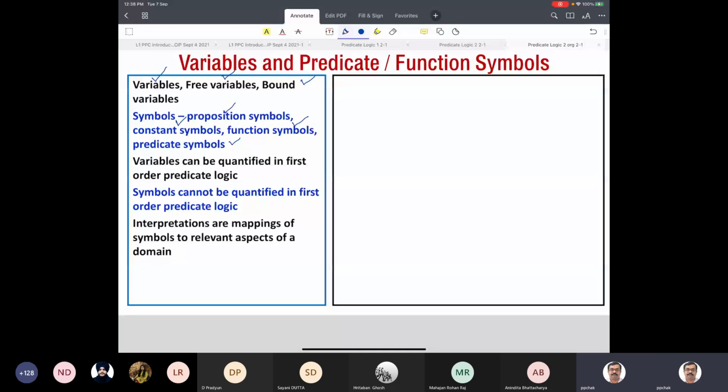We have seen that variables can be quantified in first order predicate logic: for all x, P(x). But symbols cannot be quantified in first order predicate logic, which means we cannot write something like for all P, for all x, P(x). This is not possible in predicate logic.